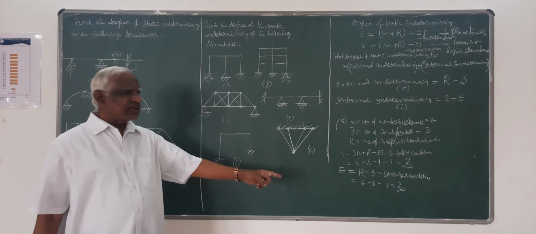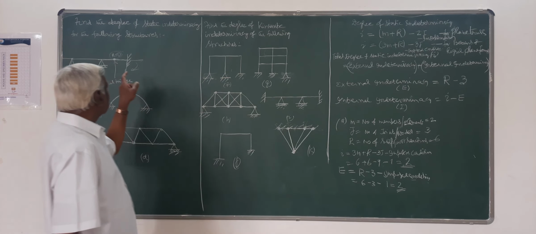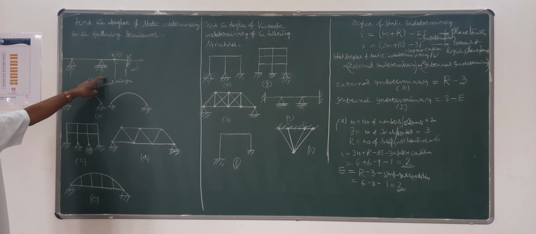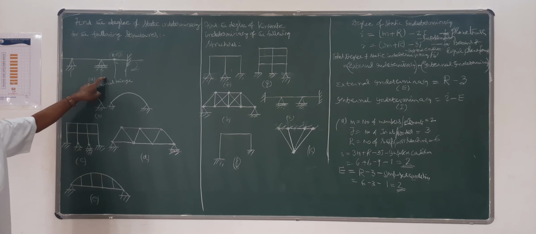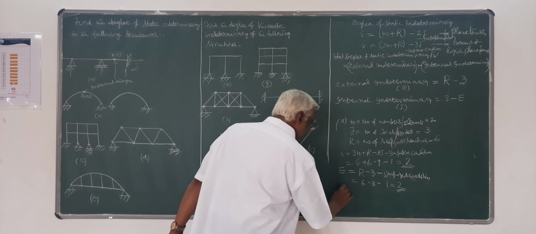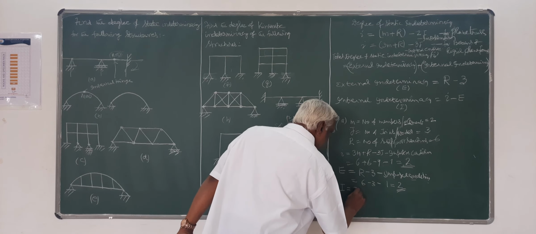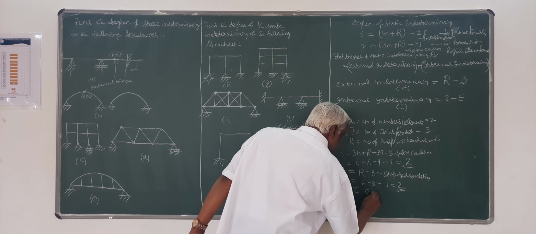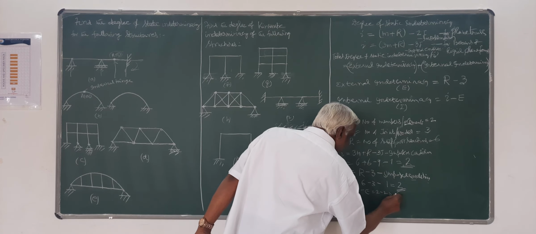So we say this structure is totally indeterminate to the degree 2, and it is externally indeterminate to the degree 2, and degree of internal indeterminacy is I minus e, that is 2 minus 2 is 0.